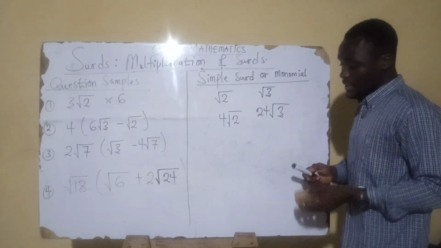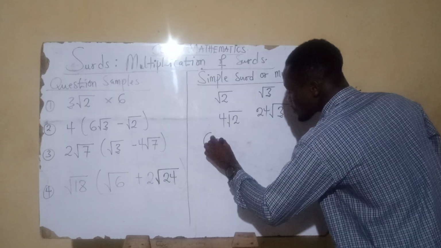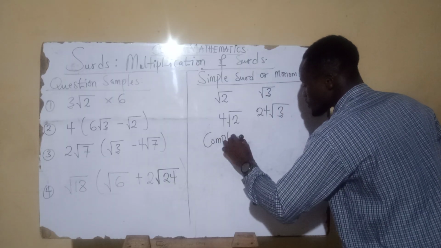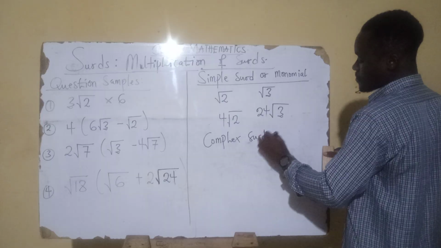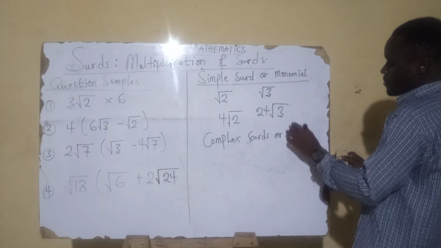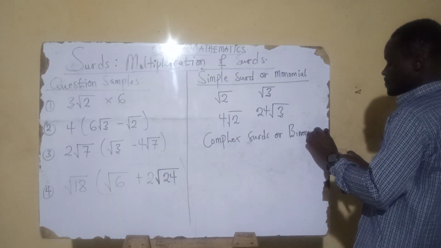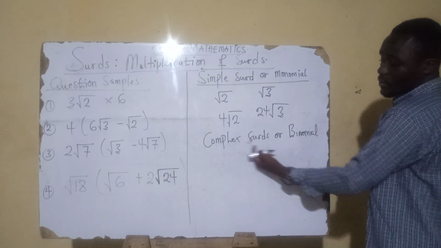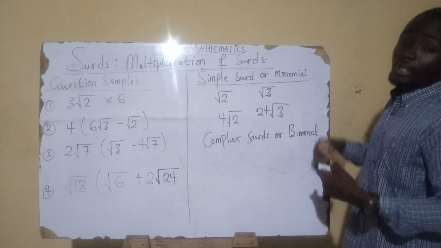So let's look at complex surd, or binomial surd. With complex, we're referring to binomials, trinomials, and so on.